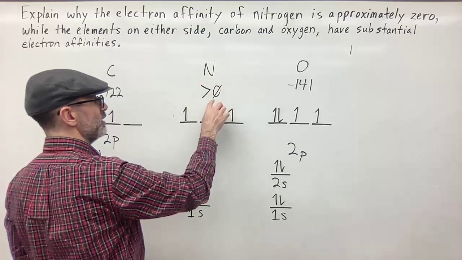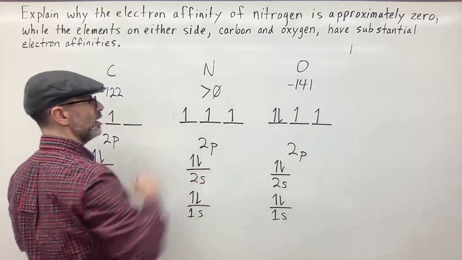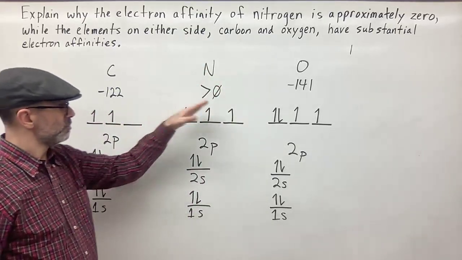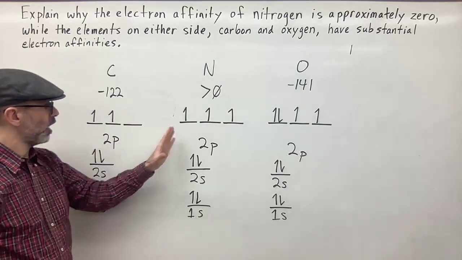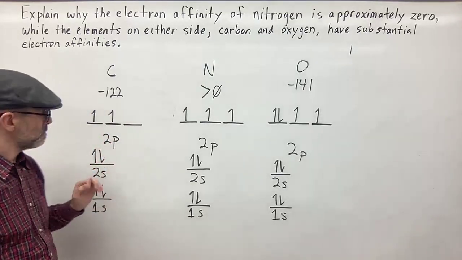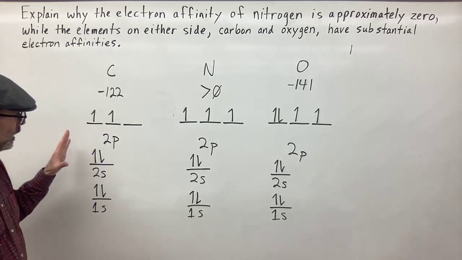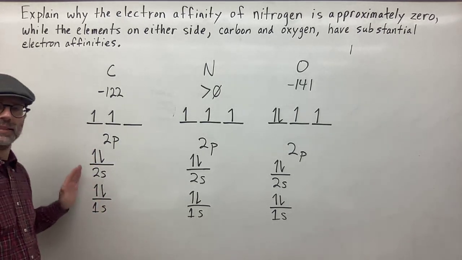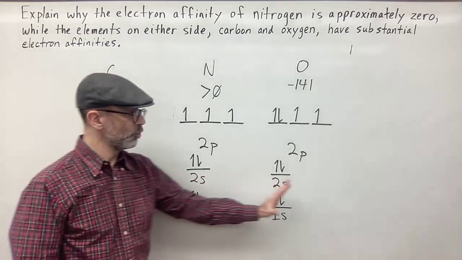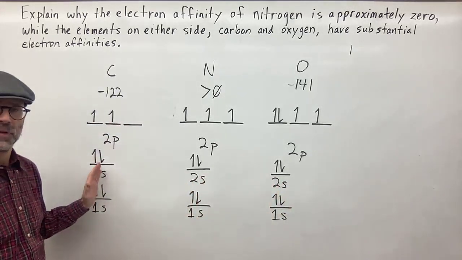Why does nitrogen not fit the pattern here? And so part of the answer is looking at the electron configurations. If you look at the electron configurations, they all have the 1s and the 2s filled. So there's no difference there, right?